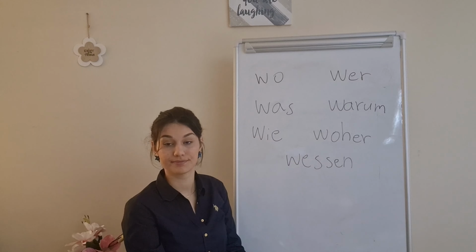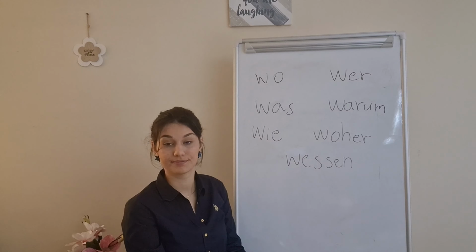Now we are going to do one more exercise, and then we are going to go to a text, and after that we will go to a new part of the lesson, to learn numbers. First of all, I'm going to ask you a couple of questions, and then you will answer them in German, of course. So let's start. Wie geht's? What does that mean?